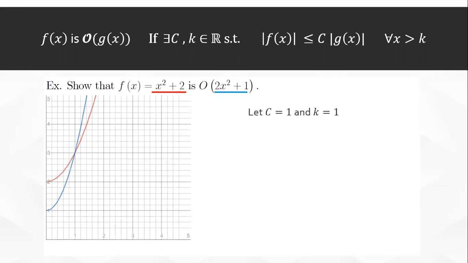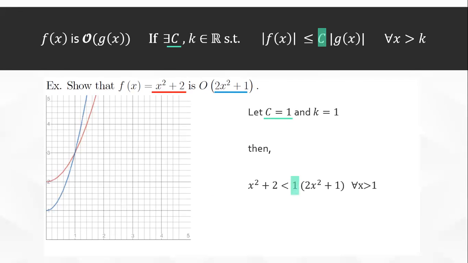So I'm going to let c equal 1 and k equal 1. And I claim the following statement holds true then, that x squared plus 2 will be less than 2x squared plus 1, as long as you're past 1, as long as the input's greater than 1.